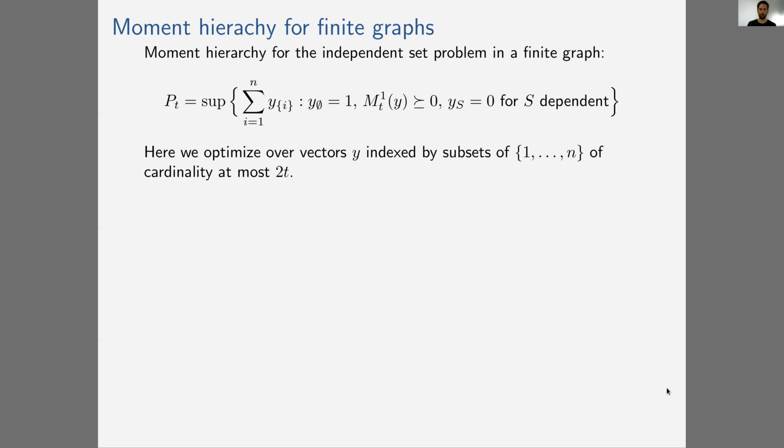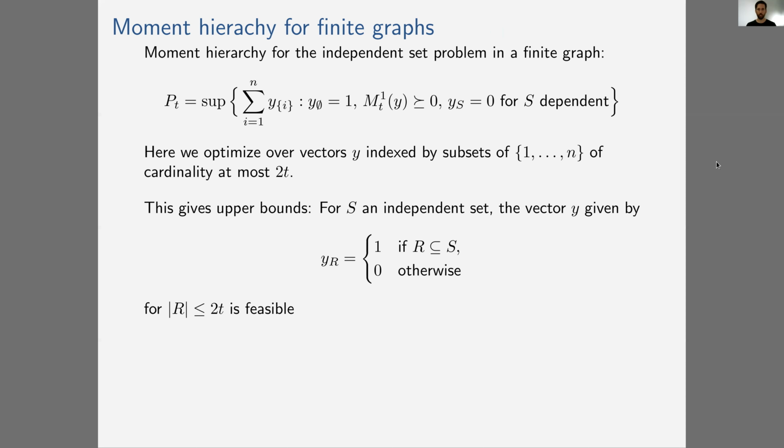We maximize over vectors y indexed by subsets up to a certain cardinality, and in the objective we sum over all singletons. Here 1 through n are the labels of the vertices in our finite graph. We have a normalization condition. The moment matrix of this vector has to be positive semidefinite. And our vector is 0 for all dependent sets, that is, for all sets that contain an edge.